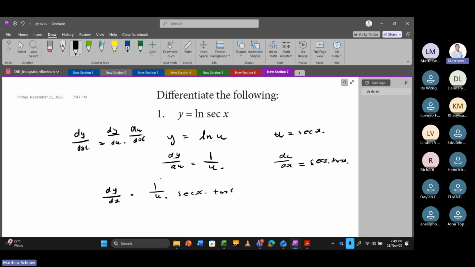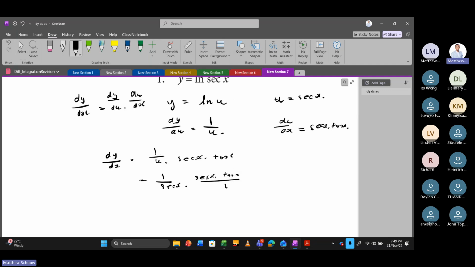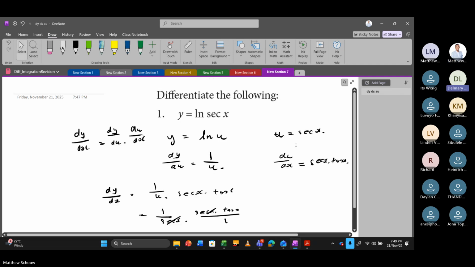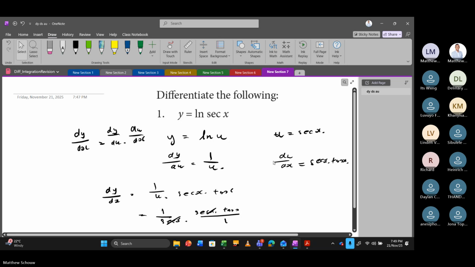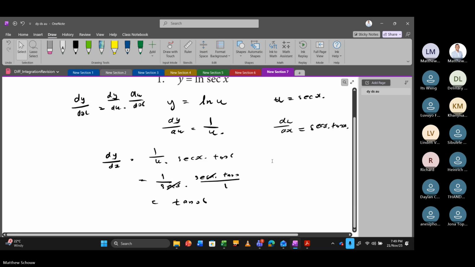And then 1 over u, obviously we declared what u was, that's sec x. Therefore, that's 1 over sec x. Now we have sec x times tan x over sec x. Obviously, we can easily cancel, am I right? And therefore, the answer is going to be tan x. That's correct. 100% correct.